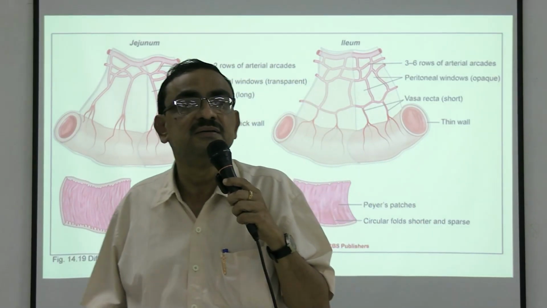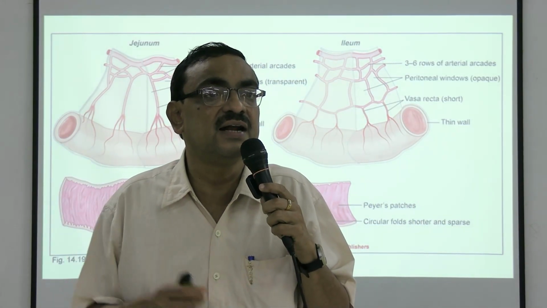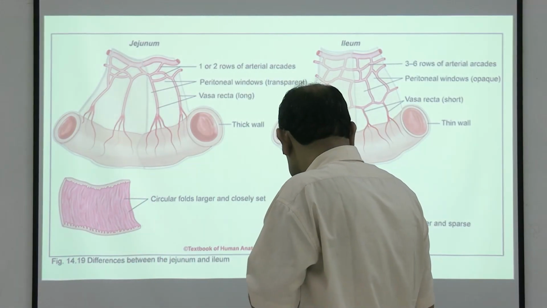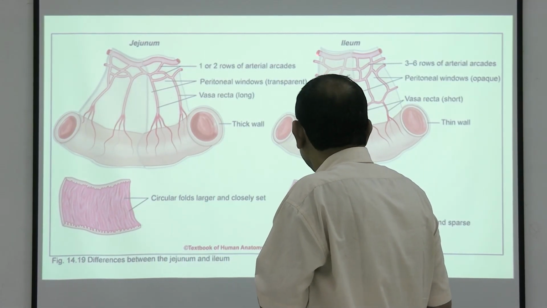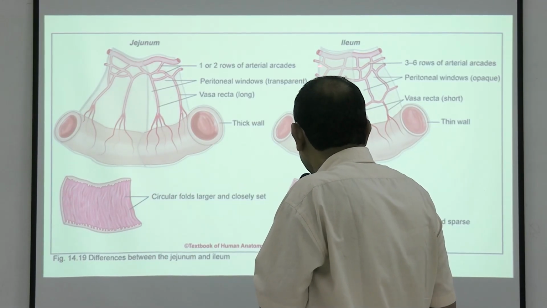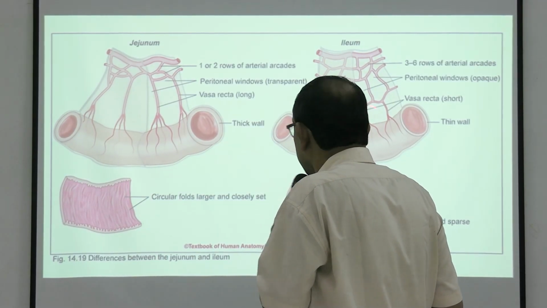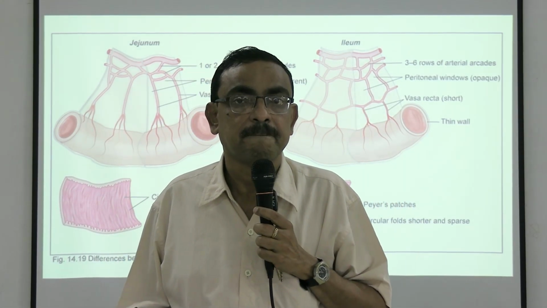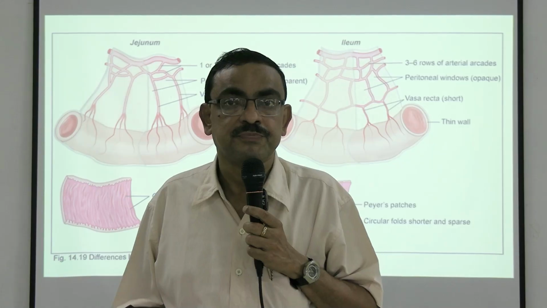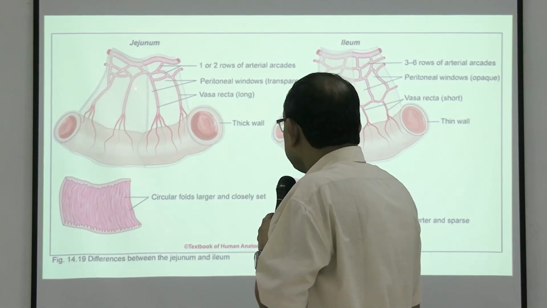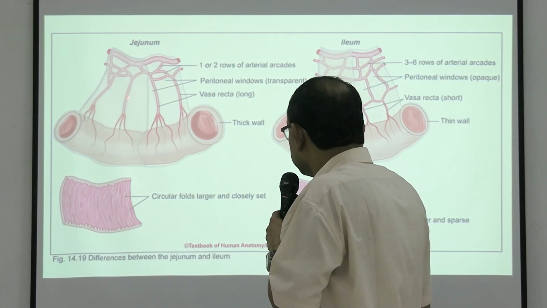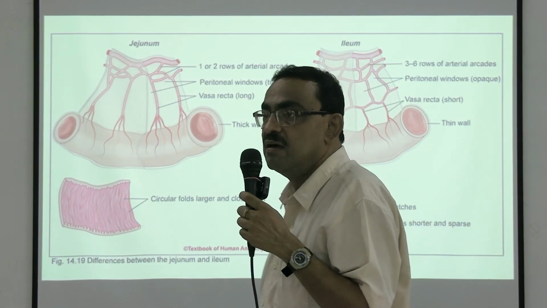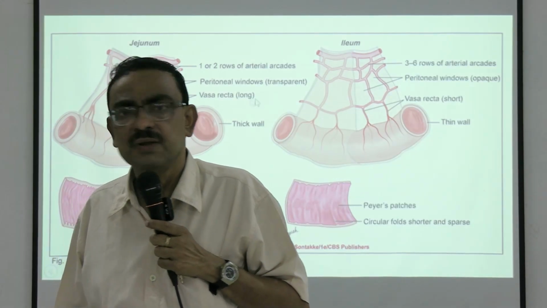In the third part we will get 3 arterial arcades, and on the fourth part we can find 4 arterial arcades. And from the arterial arcades we can find the straight arteries are coming and they are supplying the gut.